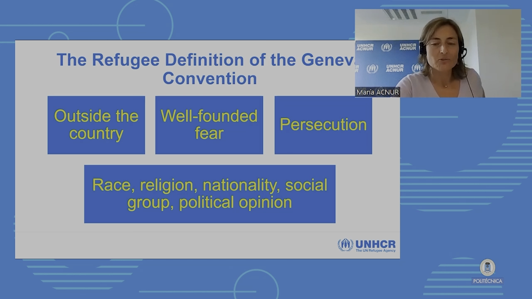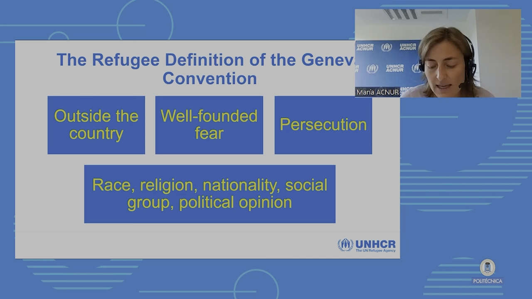It's important also to keep in mind when we talk about someone that is outside, has crossed an international border, it's not necessarily that the person crossed because he was being persecuted or had a fear of being persecuted. That's not the determining fact. The important thing is that the person cannot return because of that fear or that persecution. What does that mean?